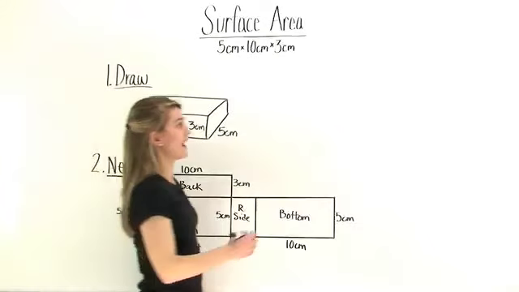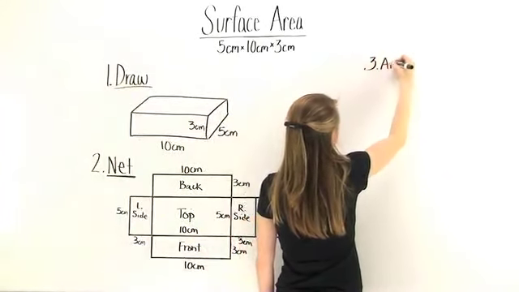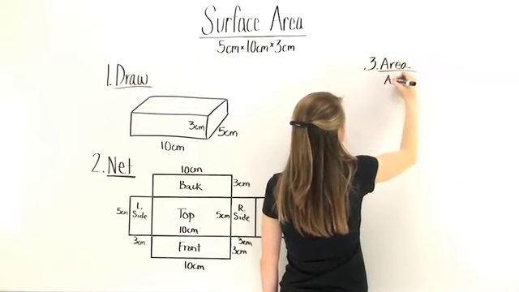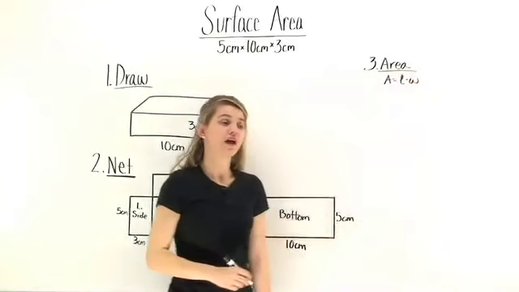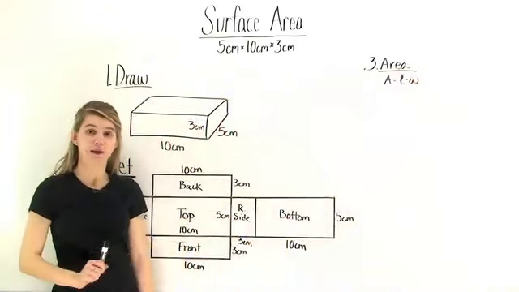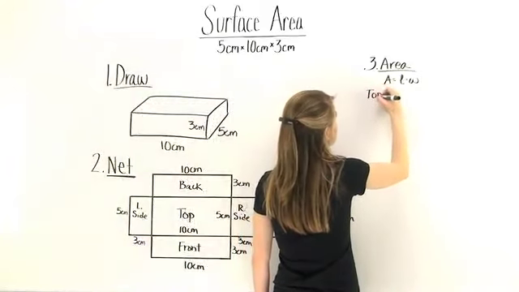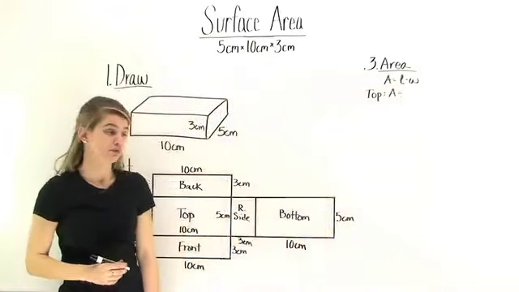Let's go ahead and do that now. We need to find the area of all 6 of these rectangles. Recall, the formula for the area of a rectangle is equal to the length times the width. Let's begin by first taking a look at the top rectangle. To get that area, we take length times width.